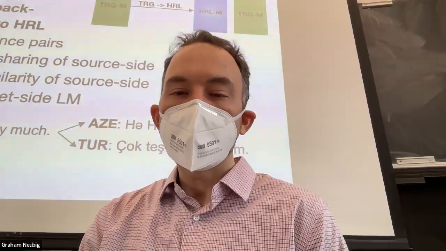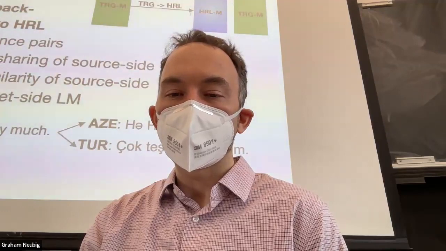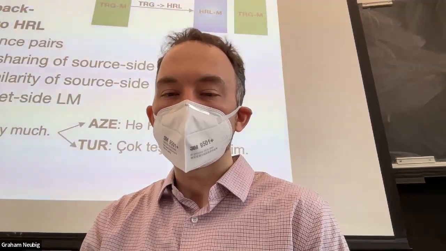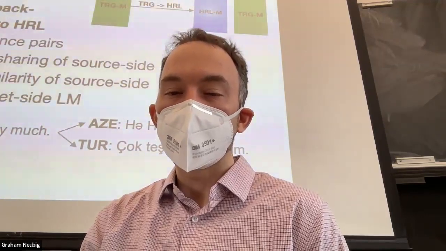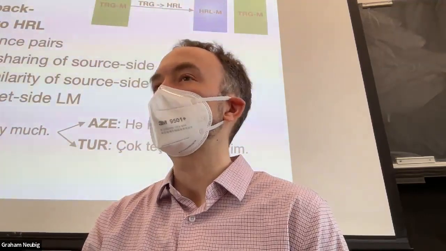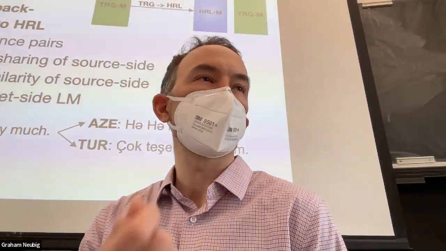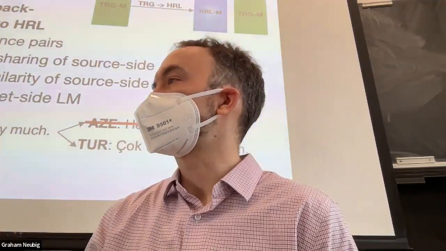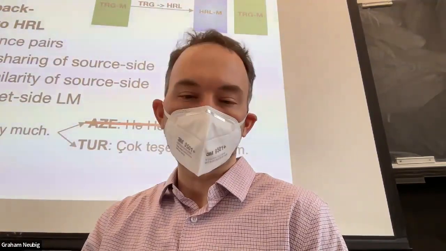So maybe we could use information from Azerbaijani to English translation, back translate into Turkish, which is certainly going to give us higher quality data, and use that to augment our data for an Azerbaijani English system. And then we can just throw away this Azerbaijani data that we know is not going to be very useful. That would give us additional high resource language to target language data.